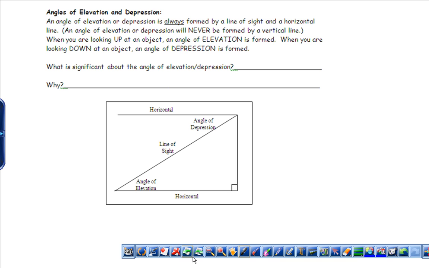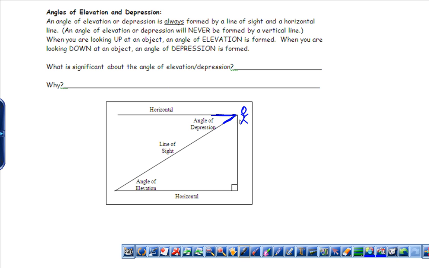Okay, so now angle of elevation and depression. An angle of elevation or depression is always formed by a line of sight. That means when you're looking out, it's formed by a line of sight and a horizontal line. So out here, horizontal line and a line of sight.